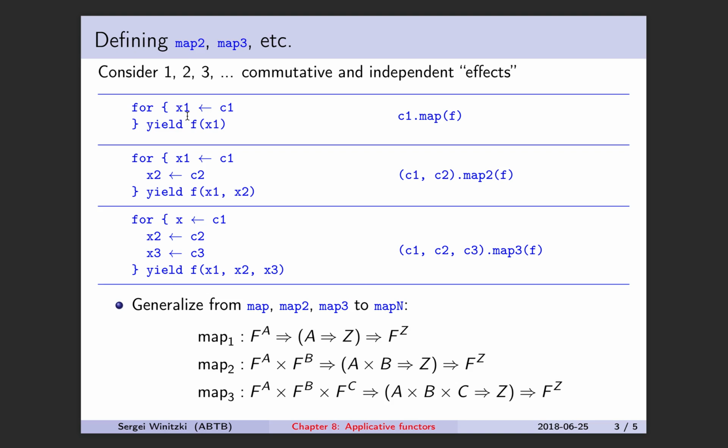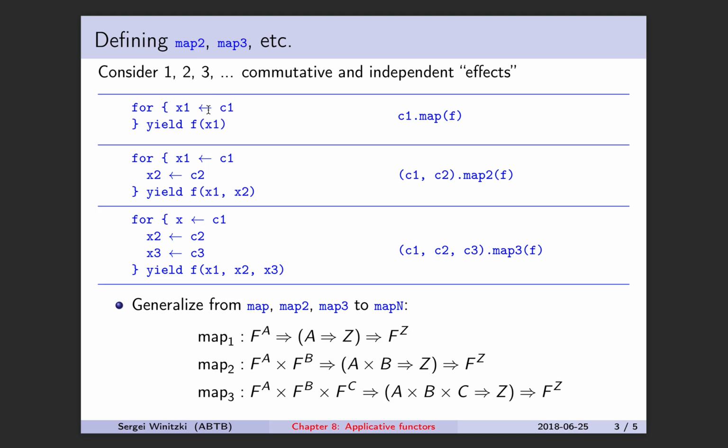So if we just have one container, then it's an ordinary map, which is equivalent to this code in Scala. I remind you that the left arrow, or the generator arrow, is translated into either flat map or map.